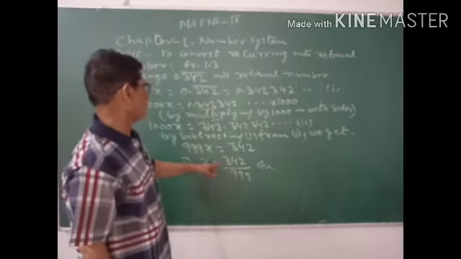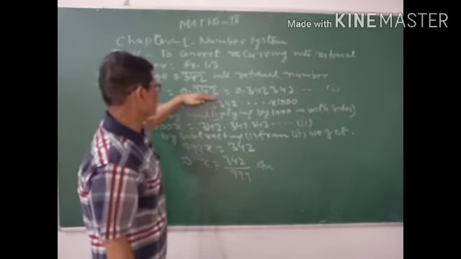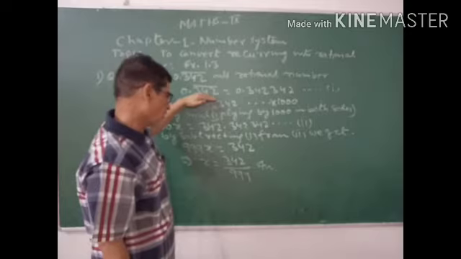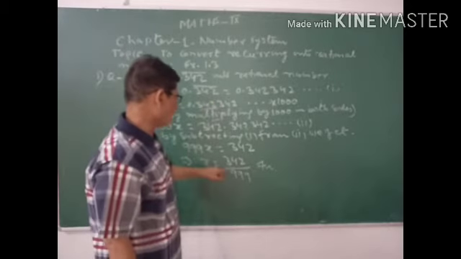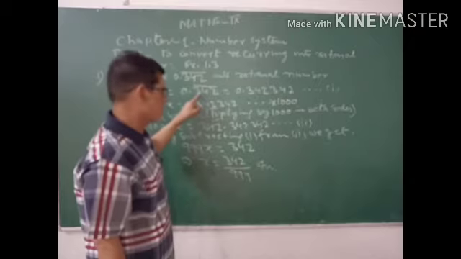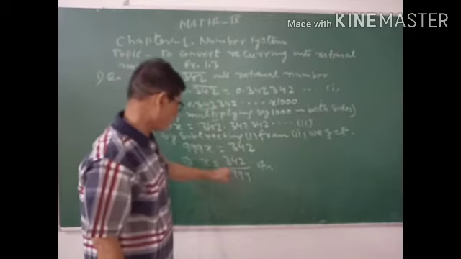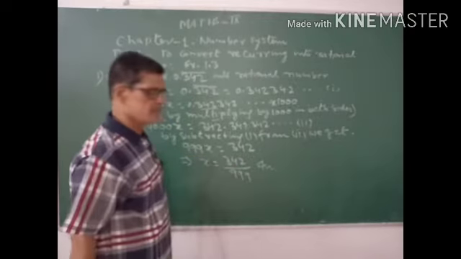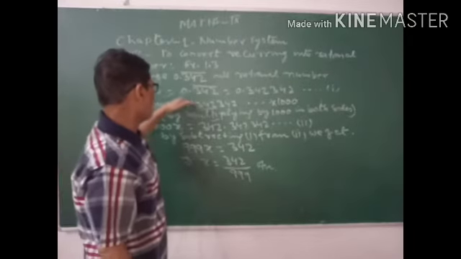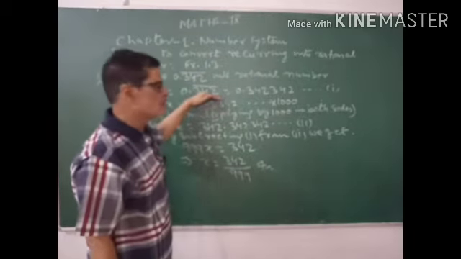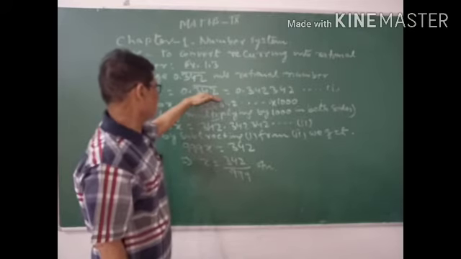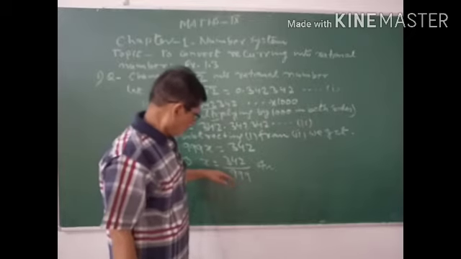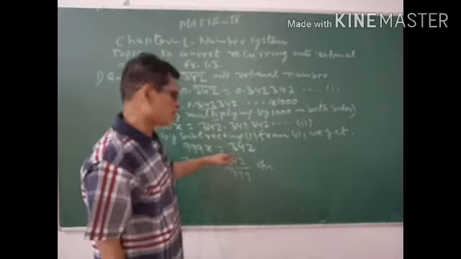We conclude that if we want to change the recurring digits into rational form, then we have to put 9 for each recurring digit: 3, 9, 4, 9, 2, 9. So this is how orally you can change it very easily. Count the digits in the recurring representation and put 9 in the denominator for the number of recurring digits.